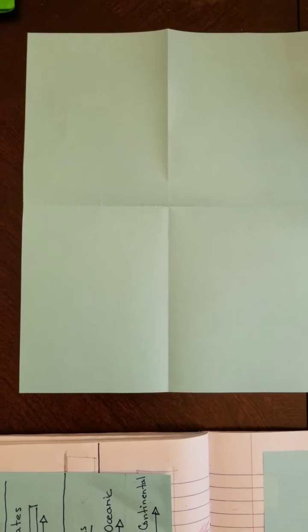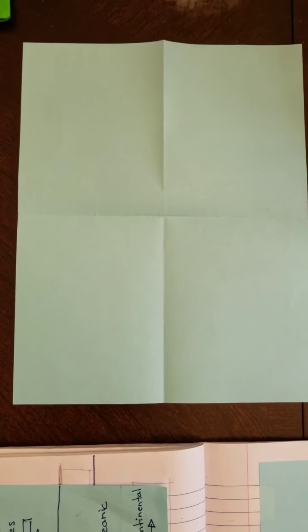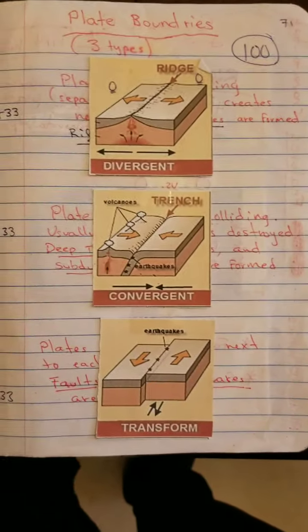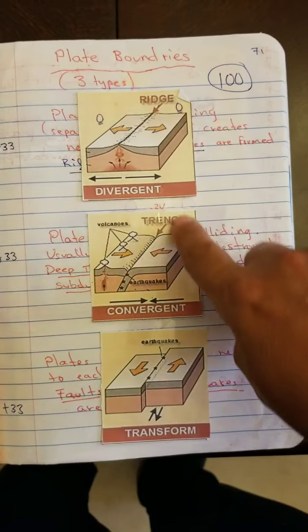Okay guys, so today we're going to be learning about all the features that are created on the different types of plate boundaries that happen in the crust of the earth. So today, let's take a look at this. We have seen this before where we have the three types of plate boundary.